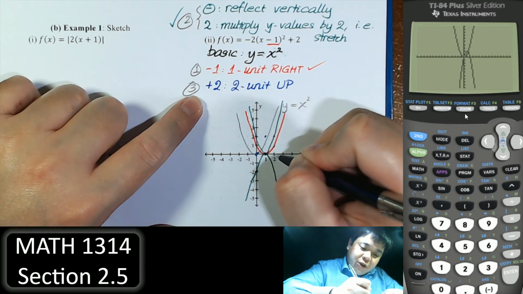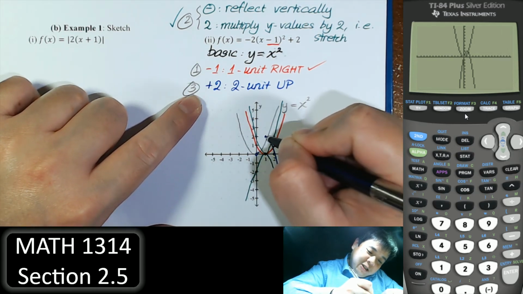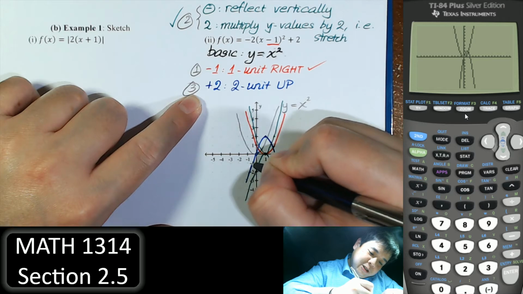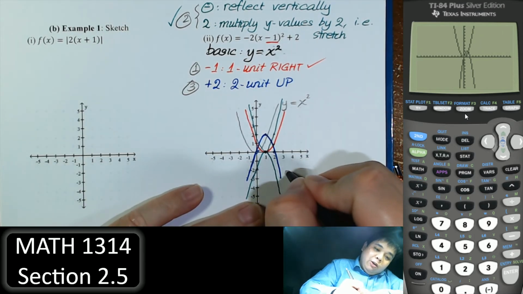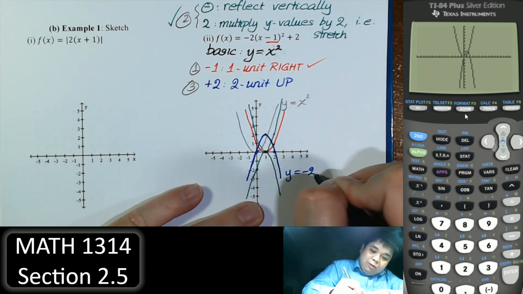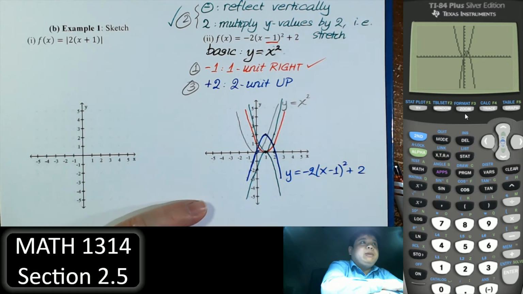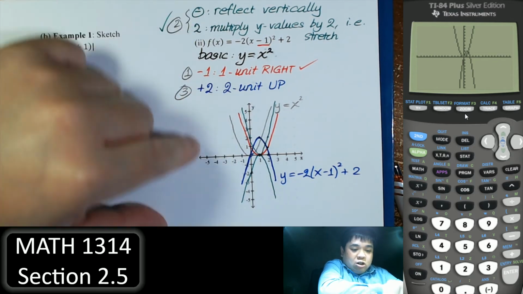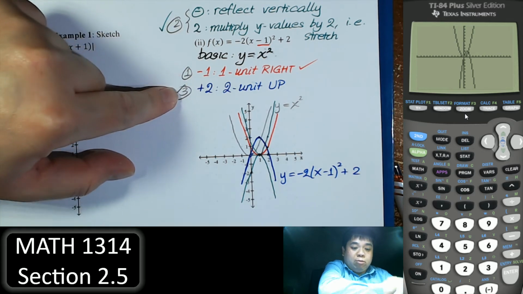Yeah. So I have to be very careful with this. Right, so this is negative 2 x minus 1 squared plus 2. So I said just write out all the transformations, and then we just go ahead and do the transformations. Make sure the order, you have to check.